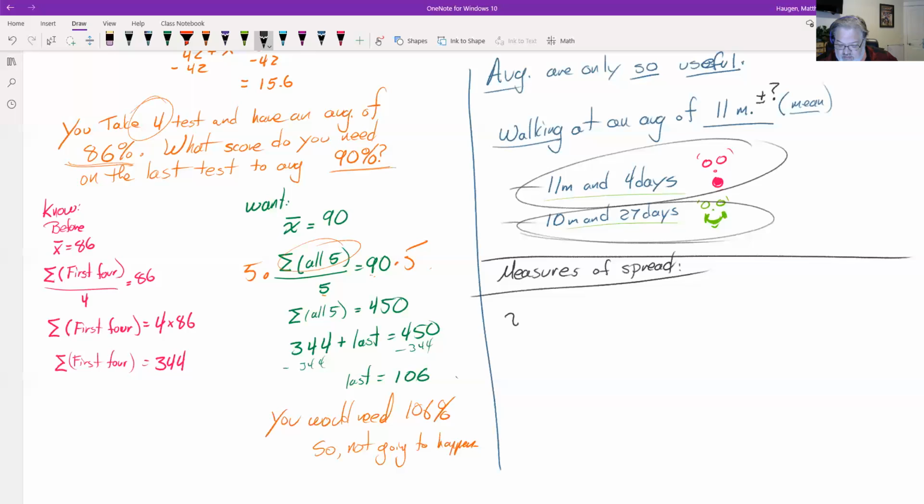We had mean as our center by value. Remember, the values mattered. So extreme data threw it off really easily, or extreme values affected it very dramatically. So we are going to have a measure of spread by value, and it's going to be called standard deviation.